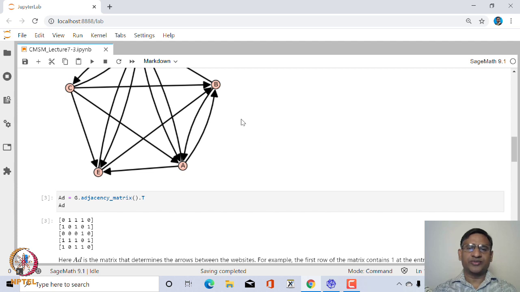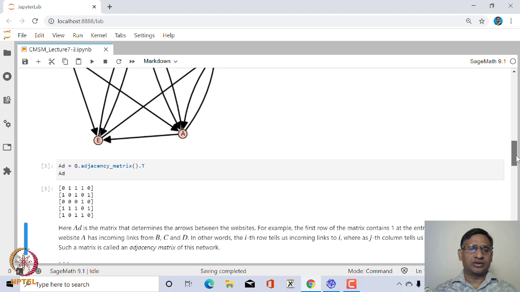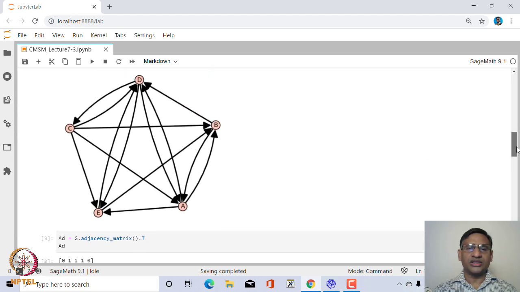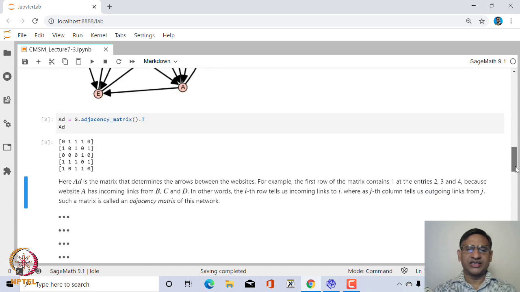For example, if I look at B, from B there is only one outgoing link to D. Therefore, the second column will have entries 1 2 as 1 and 4 2 as 1, right. So this is how you can interpret this adjacency matrix, right.